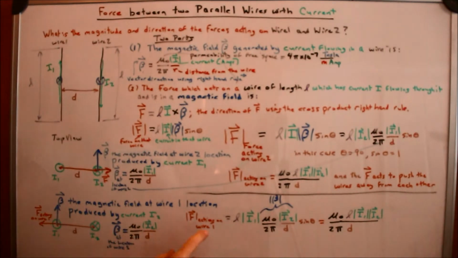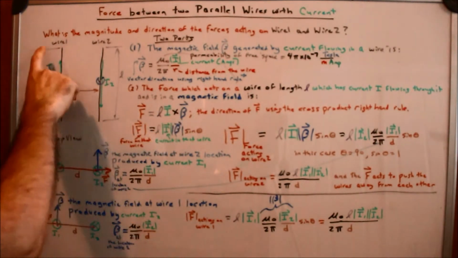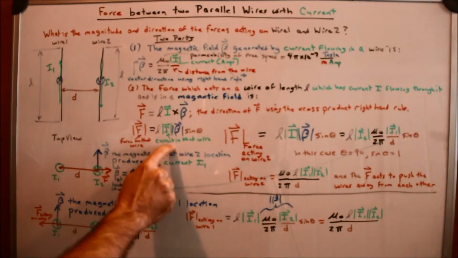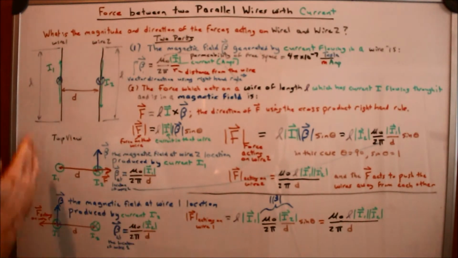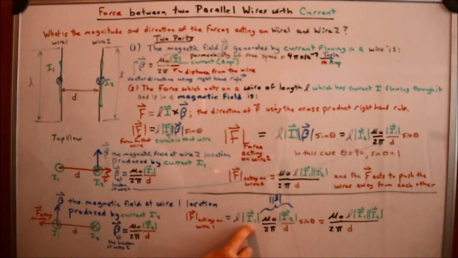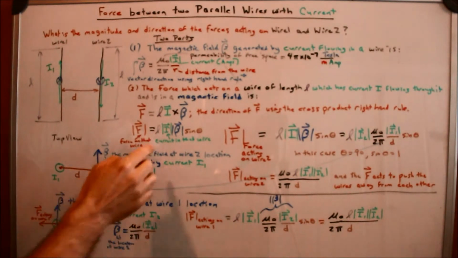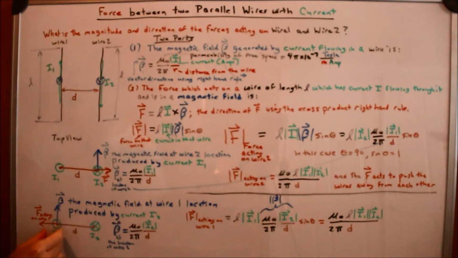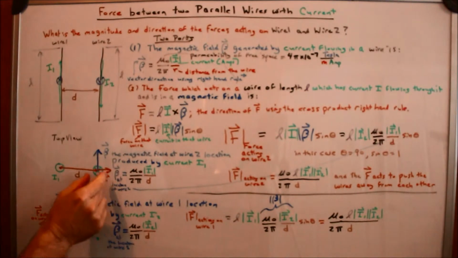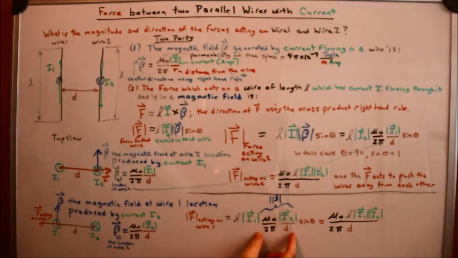Solving now for the force acting on wire 1, it's going to be very similar, because we're going to use the same formula. The length is going to be the same. This time the current flowing through number 1 is I1, and the magnetic field at the location of wire 1 caused by wire 2 is this term.